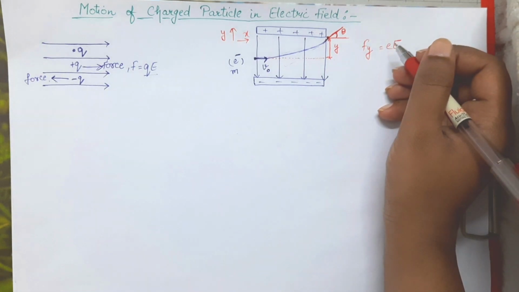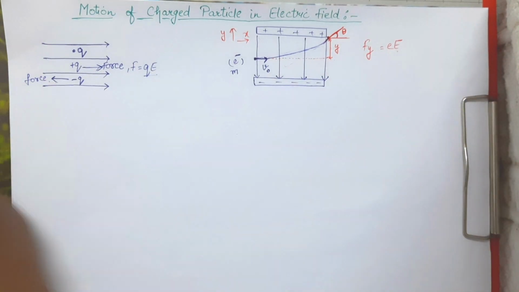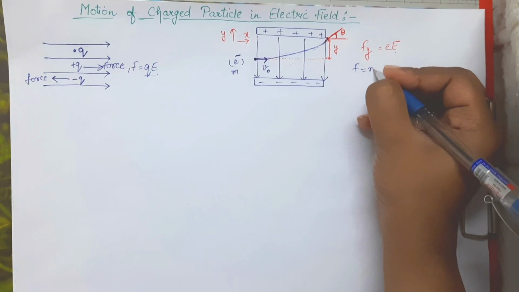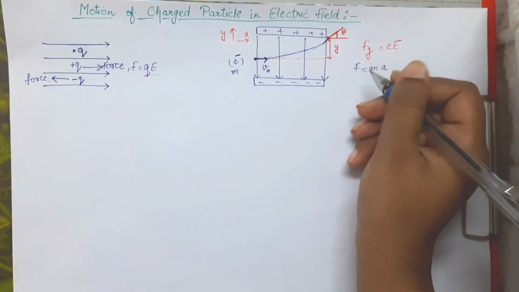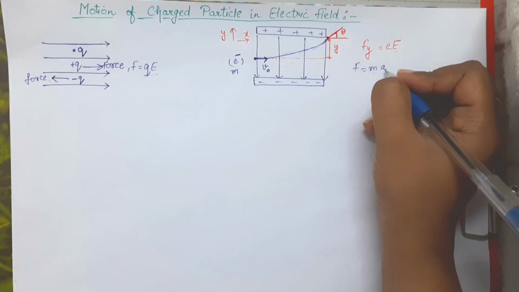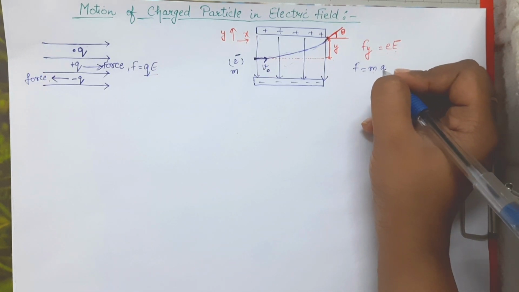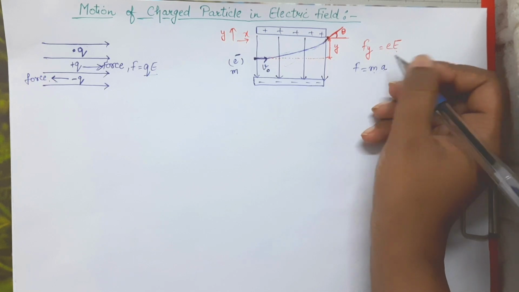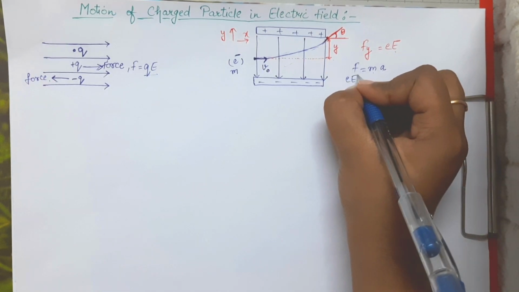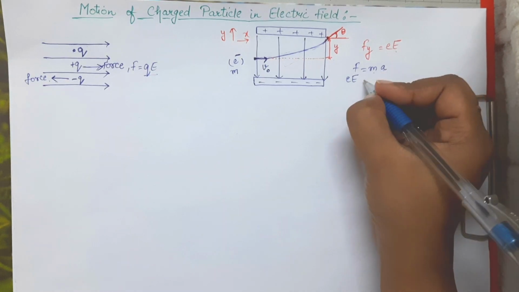Now we know the formula F is equal to ma. Using this formula, F is Fy, and mass is the mass of the electron. Now if we want to find the acceleration, F is eE.